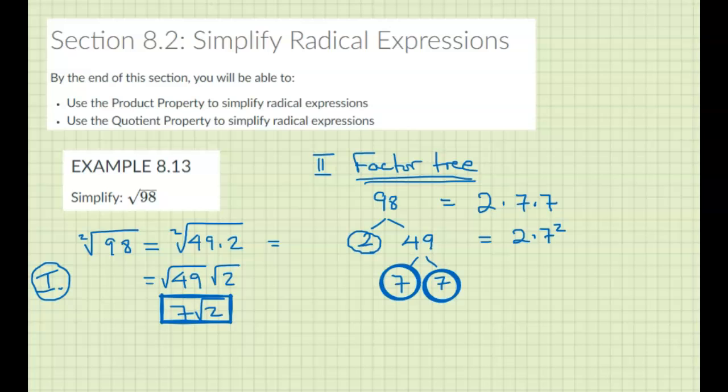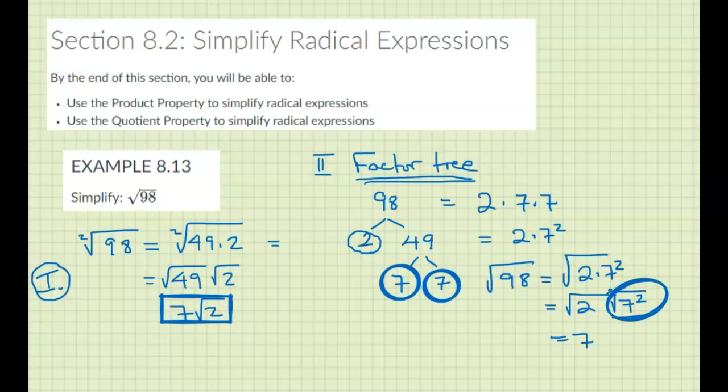Okay, so we're going to go back to our square root. The square root of 98 is the square root of 2 times 7 squared. We're going to split it up: square root of 2, square root of 7 squared. Now because the index divides the exponent, this is going to be 7 to the 1, and the radical for this part disappears.